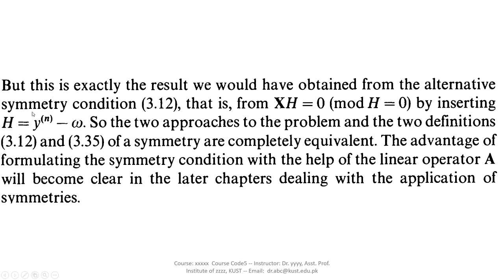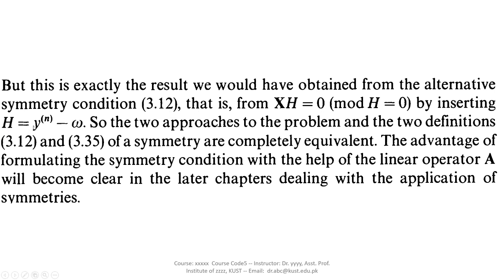Okay, now operate X on this h. Here is X, here is X. So when you operate X on yn, I will get eta n. So X operate on yn gives me eta n minus X operate on omega, and that is equal to 0 because X operate on h equal to 0.